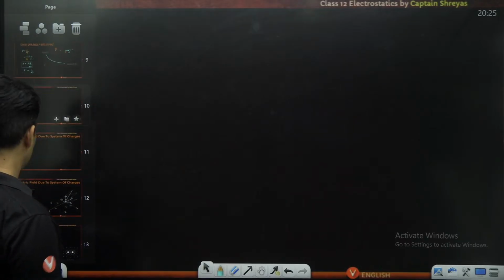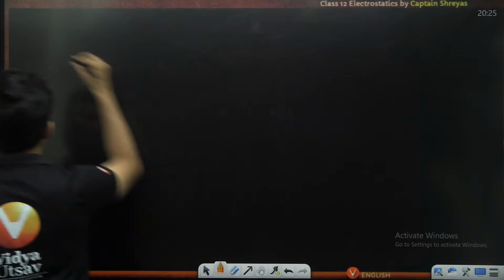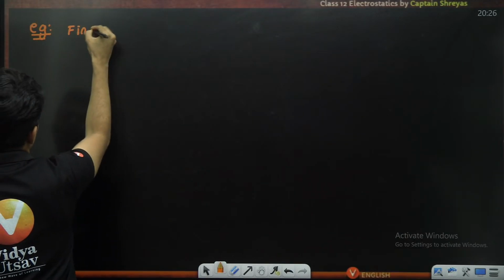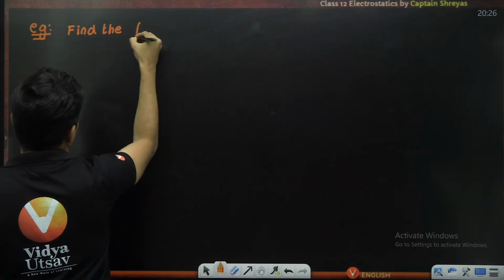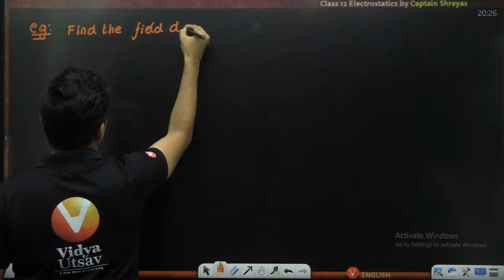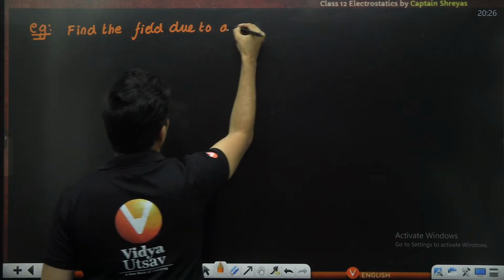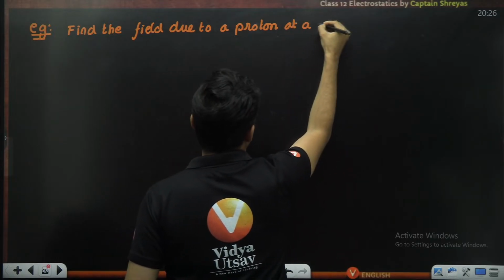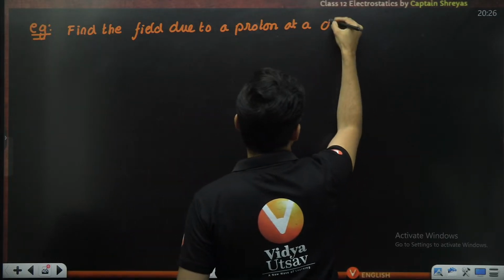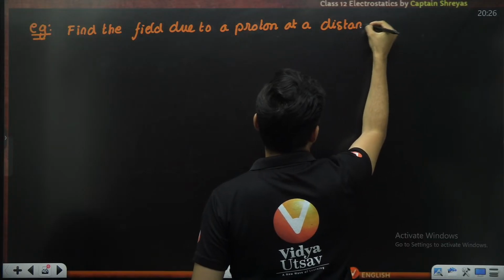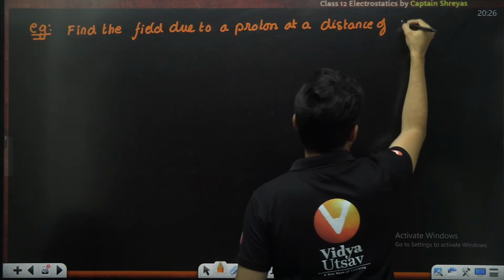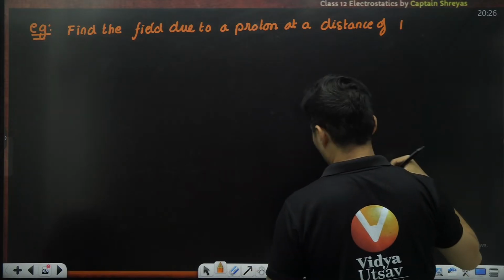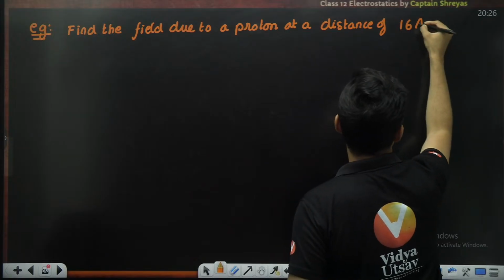Let's try another question. Find the electric field due to a proton at a distance of 16 angstrom.